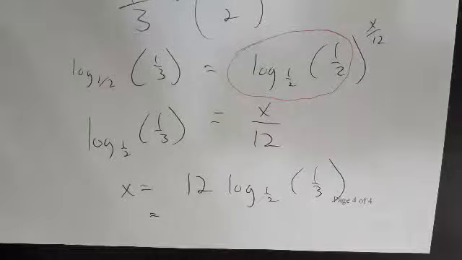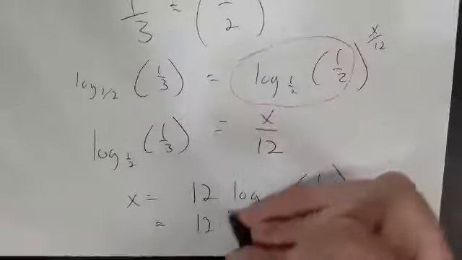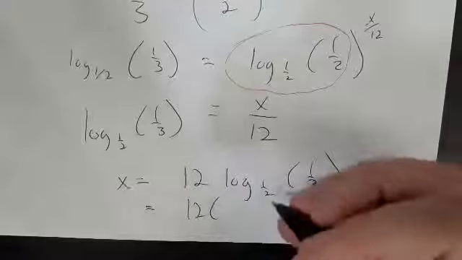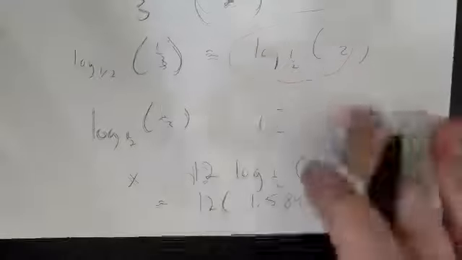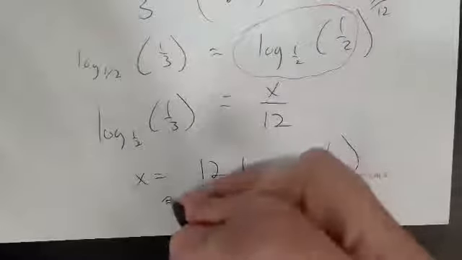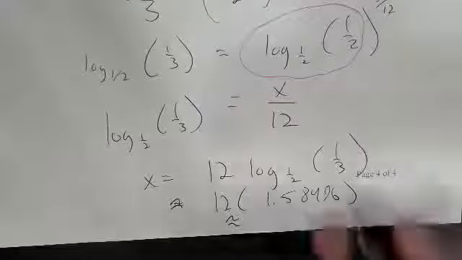So if you tell them it's 12 log base 1/2 of 1/3 years, someone's gonna be really mad at you. So let's not do that. So let's do this 12 times, and this is gonna be something like 1.58496, approximately. Now I'm rounding things a little bit.